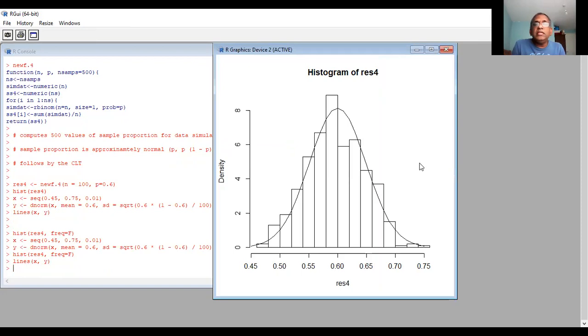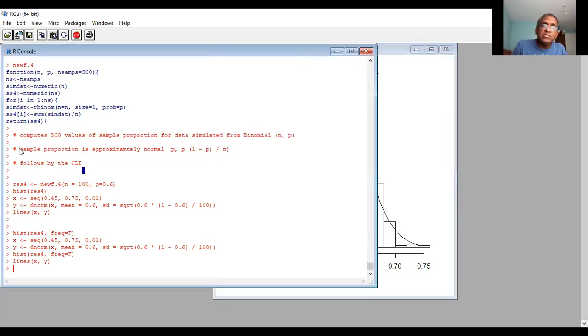Anyway, you see now that the density of the normal is a good approximation for the simulated histogram. They look pretty close to each other, as you can see, right? So it illustrates the theoretical result, which is this one. This is the theoretical result which I taught you earlier in this course, right?